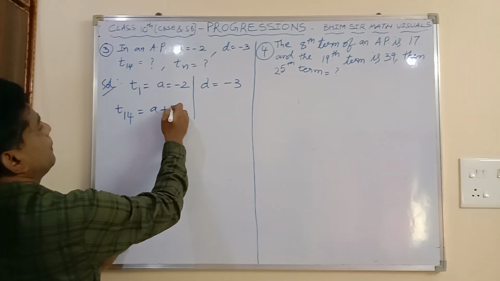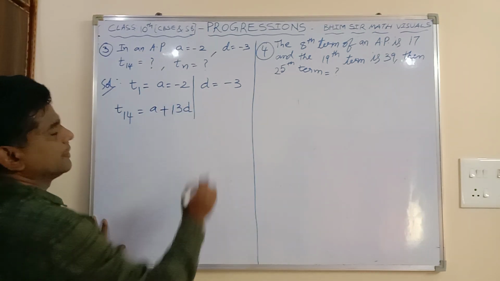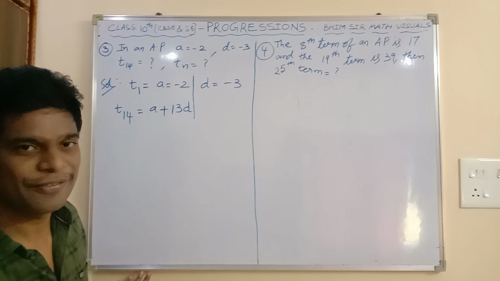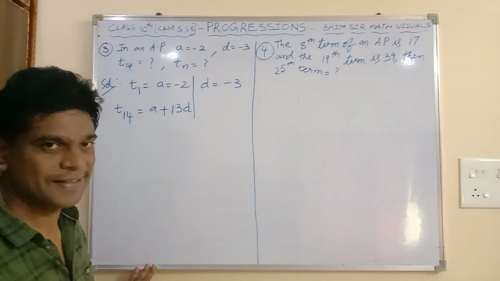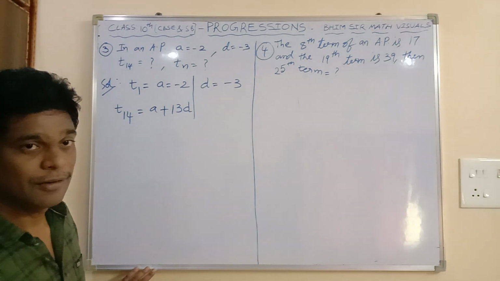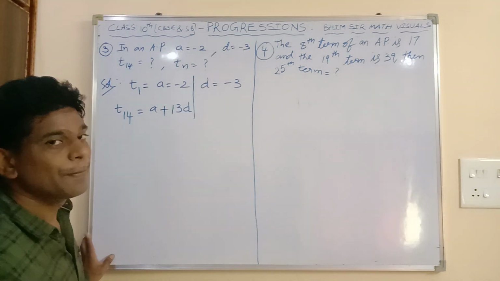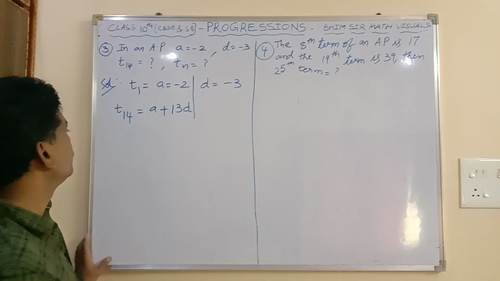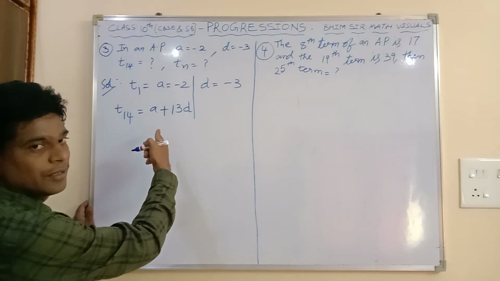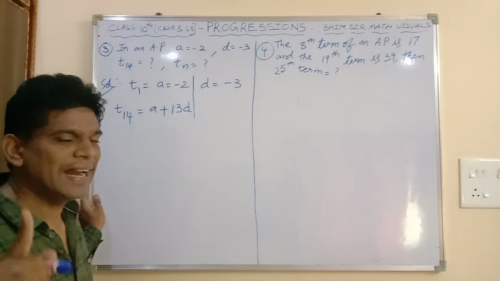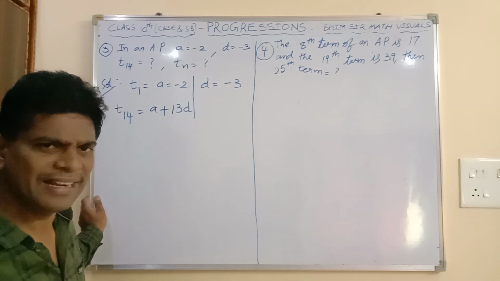Yes, A plus 13D is the 14th term of the AP, as you know clearly. We have discussed this already. From the formula Tn is equal to A plus n minus 1 into D, we got it. You remember, if you find T100, it is A plus 99D only.